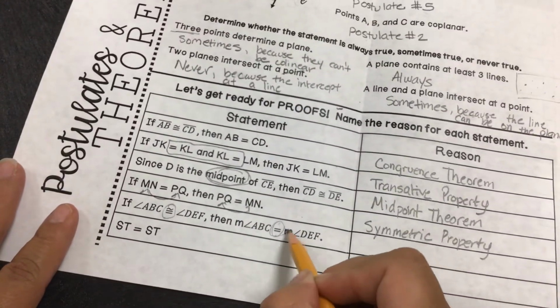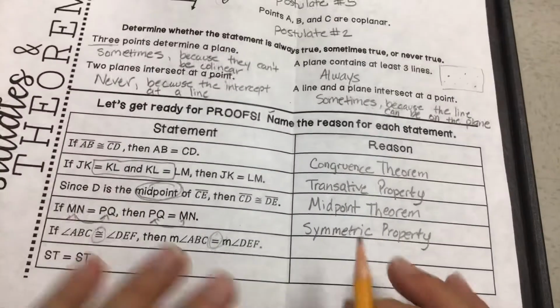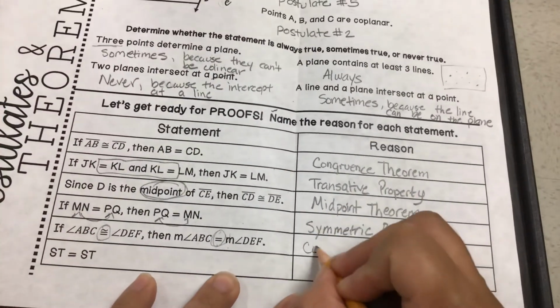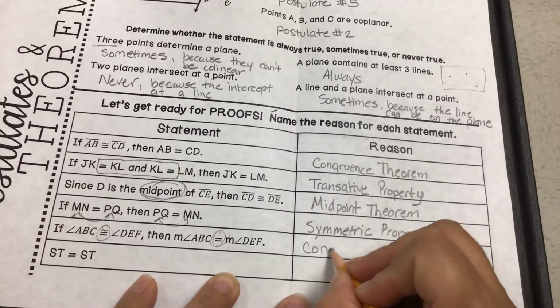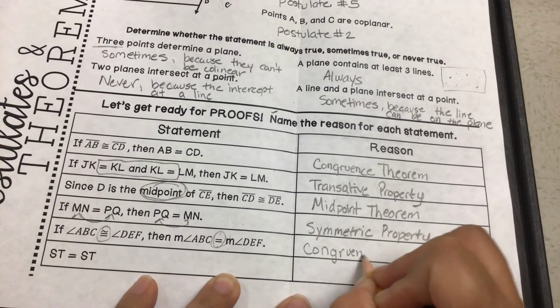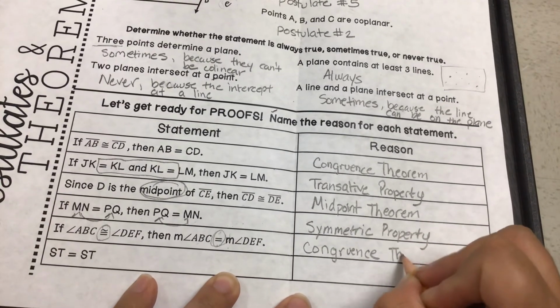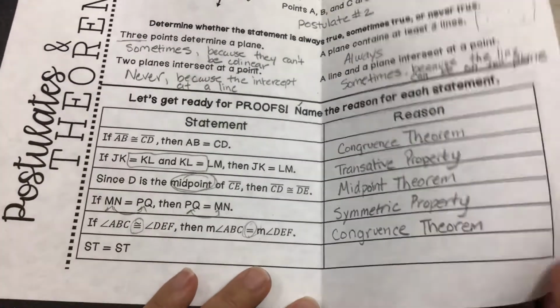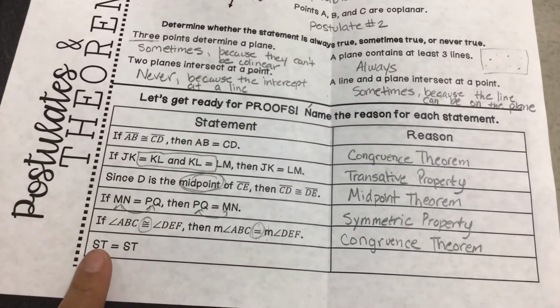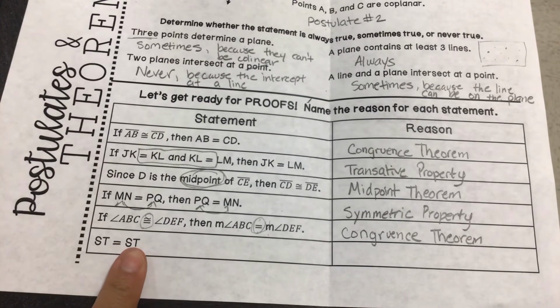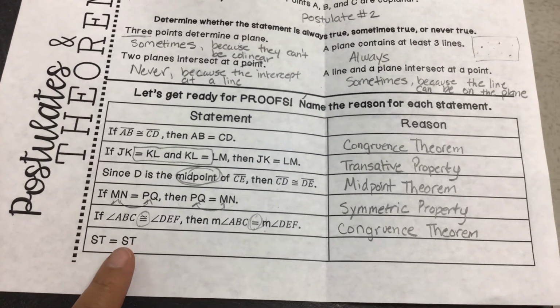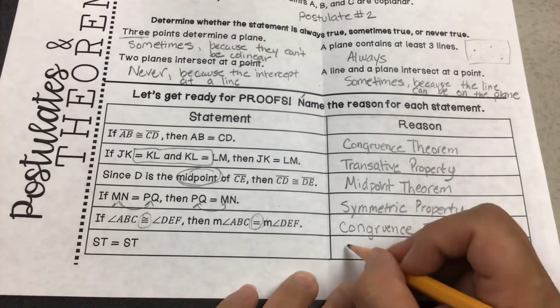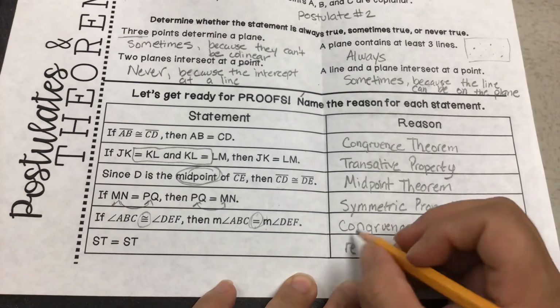So the only difference was the symbol, making it the congruence theorem. ST is equal to ST. It's just like a mirror, making it the reflexive property, like reflection.